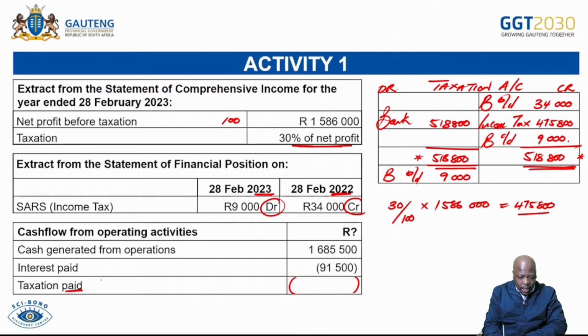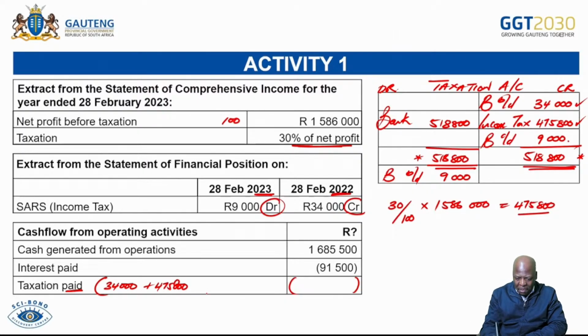And then I can open brackets the same. The calculation that I've done is 34,000, which is this one here now. Then I said plus 475,800.